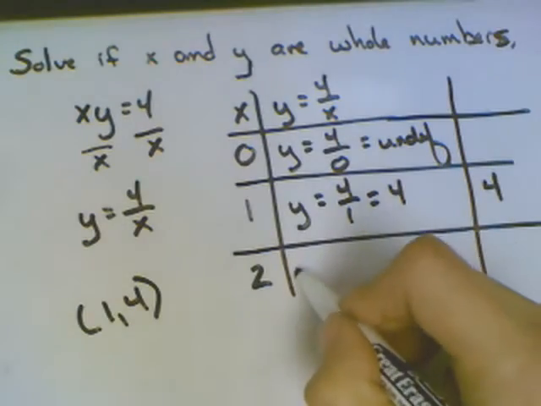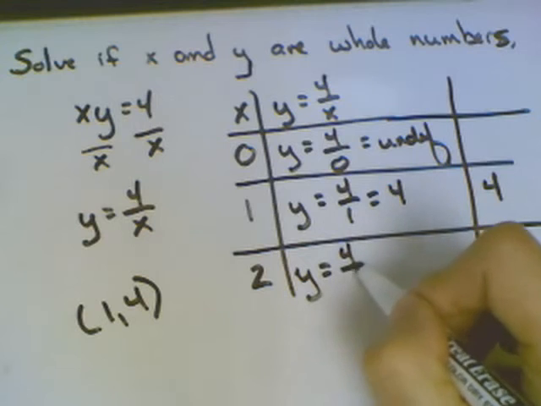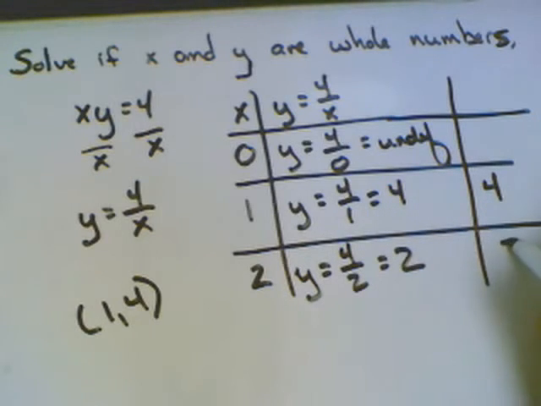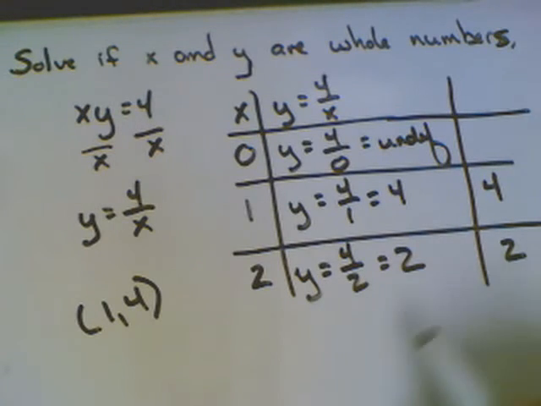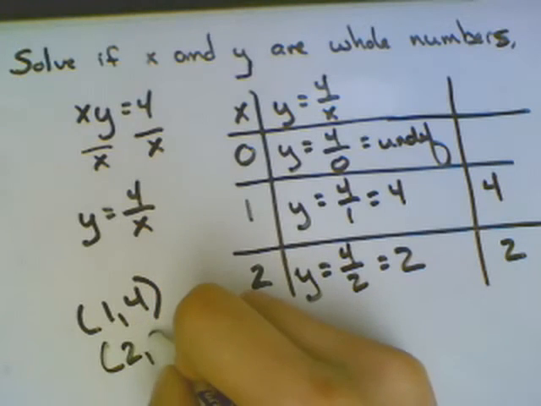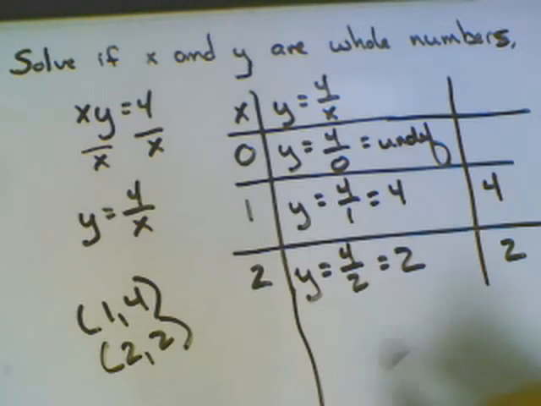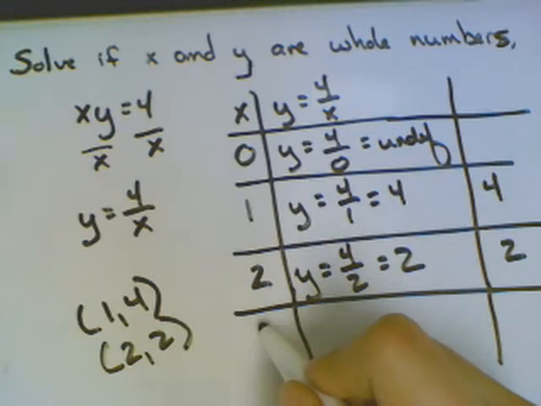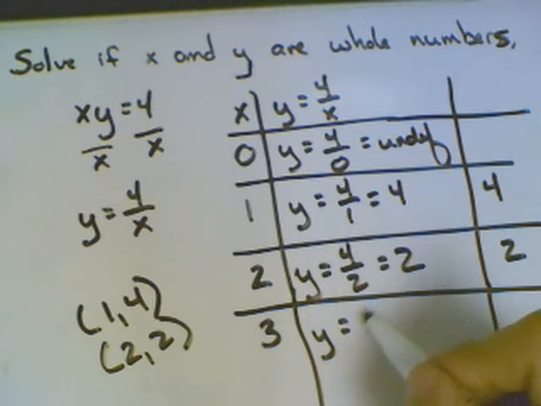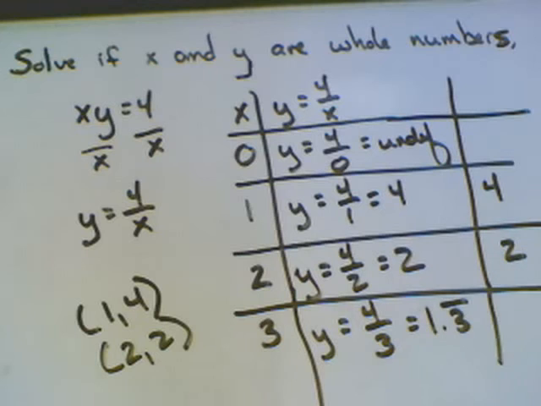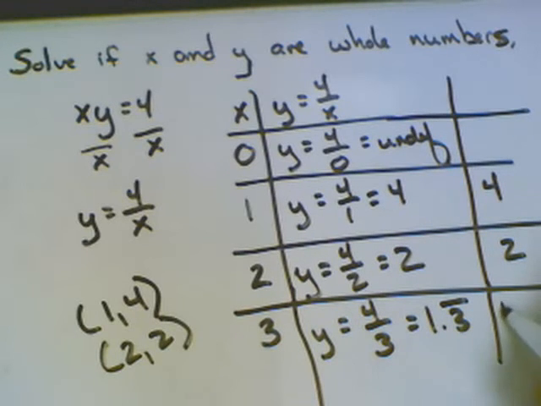Next, I'm going to move on to 2. If I plug 2 in for x, y is going to be 4 over 2, which is 2. So 2, 2 are both whole numbers, and it is one of my solutions. Moving on to 3. If x is 3, y is going to be 4 over 3, which is 1.3 repeating, or 1 1/3.